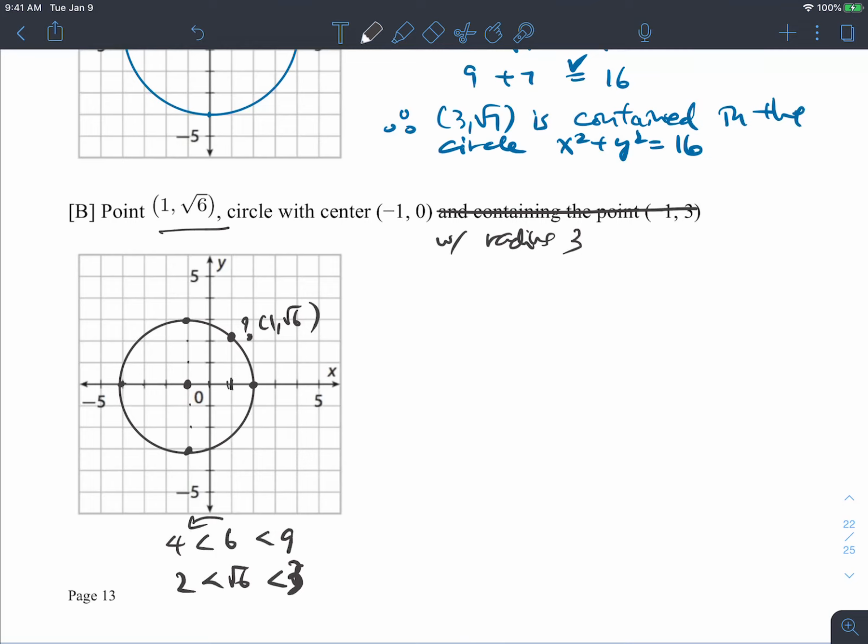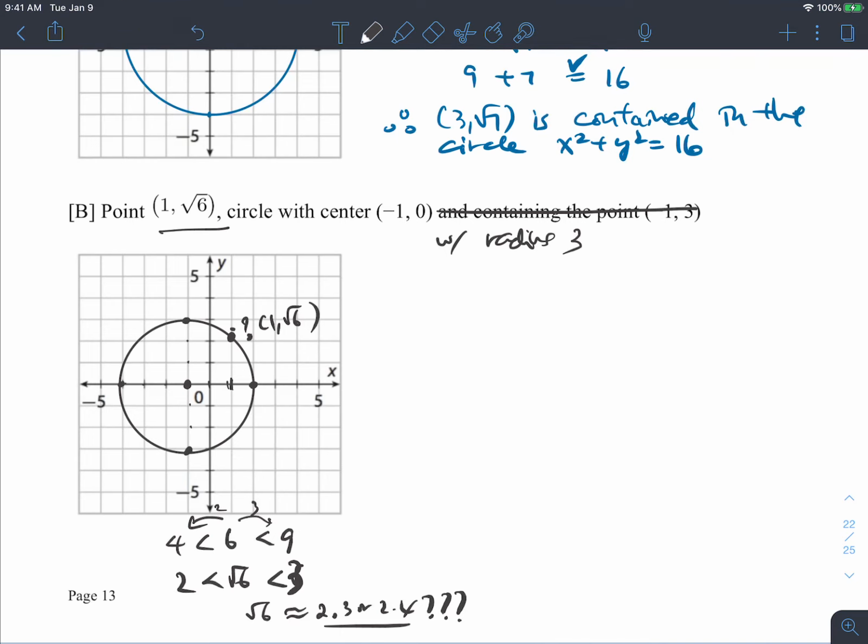Because it's a lot closer to 4, the gap is 2 versus 3, root 6 should be about 2.3, 2.4, something like that. It should be less than 2.5, right? It doesn't look like it, but you shouldn't always trust your eyes. You should let it guide you.